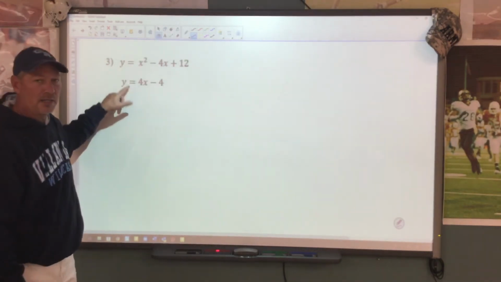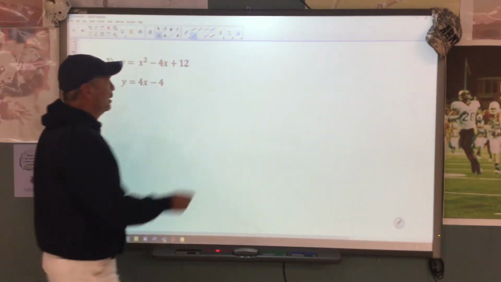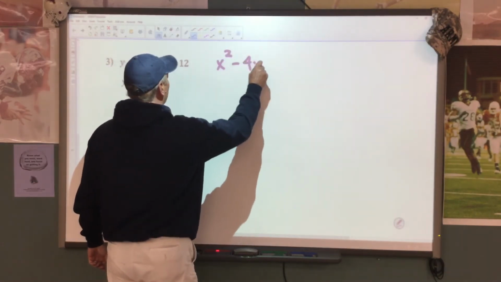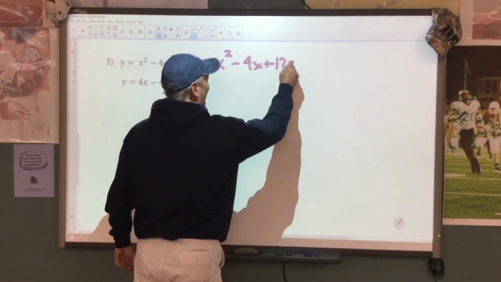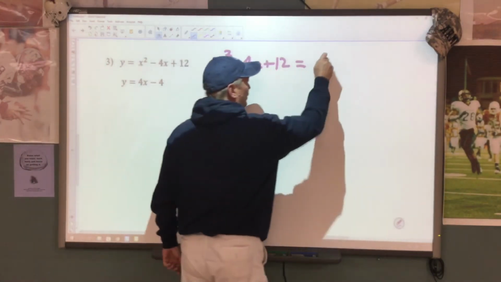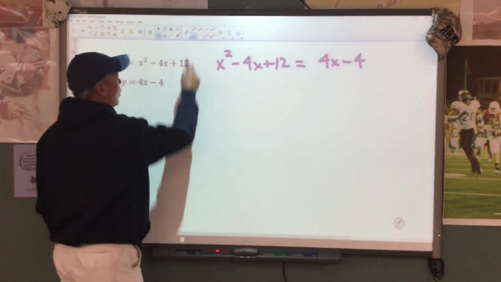All right, so we're y equals. We're going to set these equal to each other. We're going to say that x squared minus 4x plus 12 equals 4x minus 4. We're going to move this.